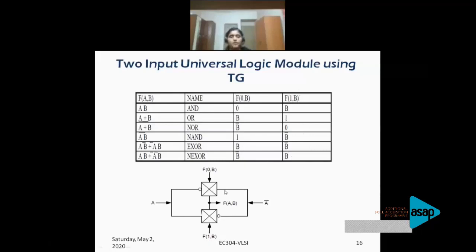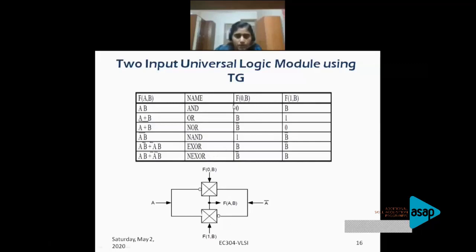Now, if I connect transmission gates like this, for the first transmission gate the gate value for NMOS is A bar, and for the second transmission gate the gate value is A. Now, if I connect a circuit like this, it can be implemented for getting any of these functions, provided you give the value of inputs as given in the truth table.